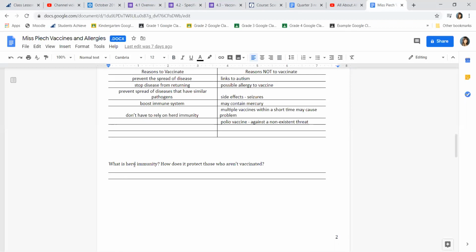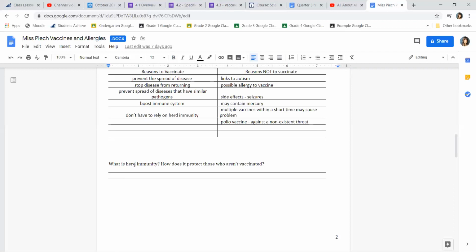That can help protect those who are not vaccinated, because it's not as likely that these unvaccinated people will come in contact with those who are sick. So they're less likely to be exposed, and less likely to get sick, when there are enough people who are immune to it.